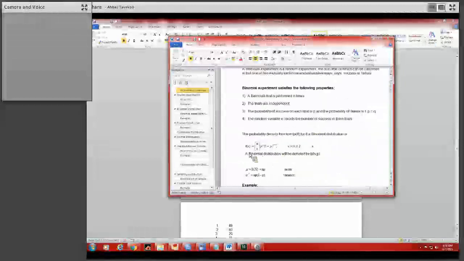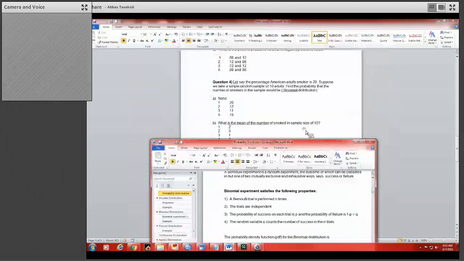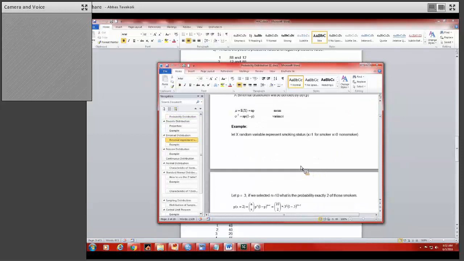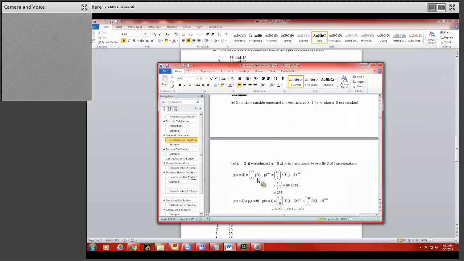If you remember the example we have, either you can calculate the probability from the table, or you can calculate by the binomial function. Remember, the binomial function, if you look at your handout, is f of x equals n choose x, p to the x, 1 minus p to the n minus x. Remember, p is your probability, like in your problem it is 0.2, and then your n is 10.